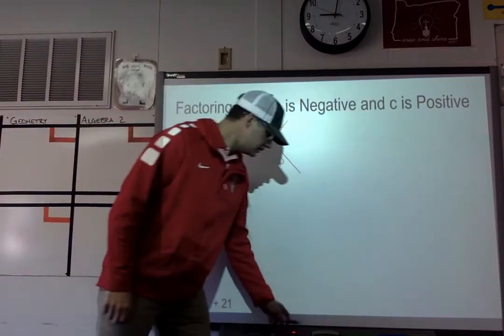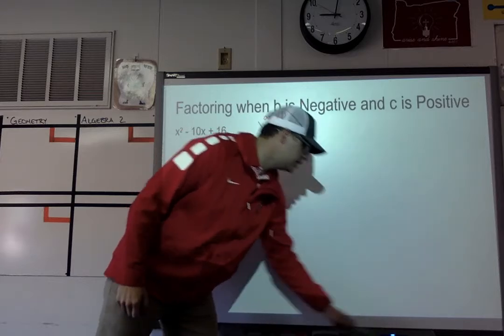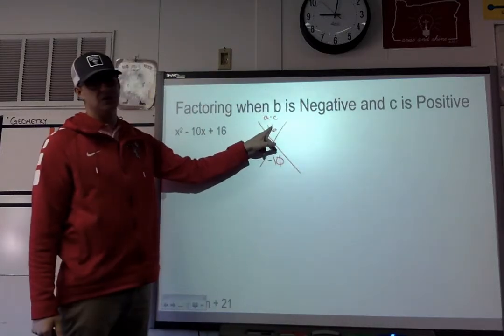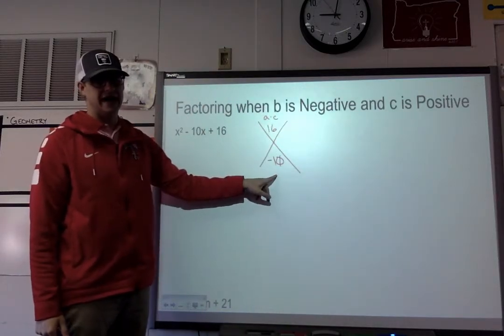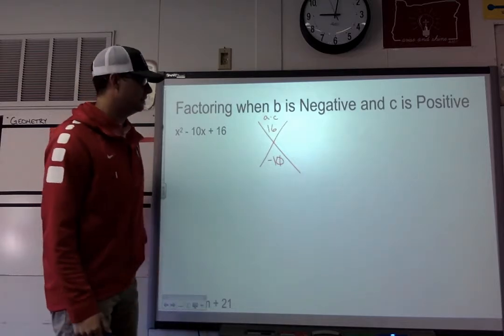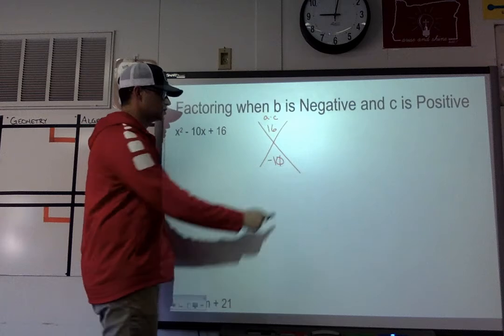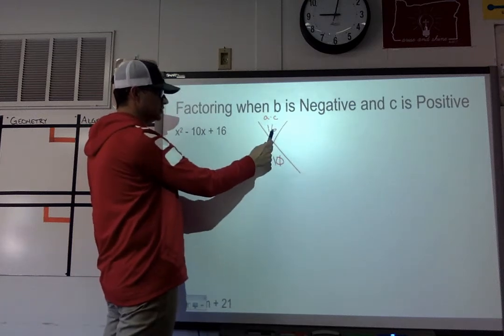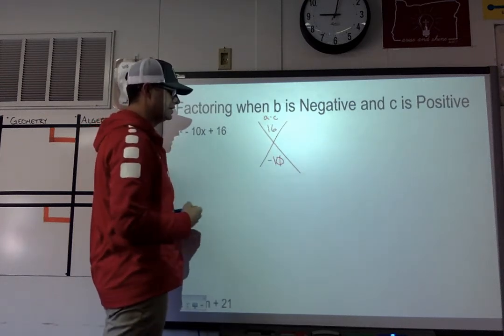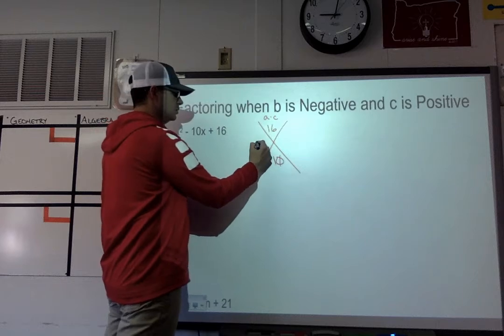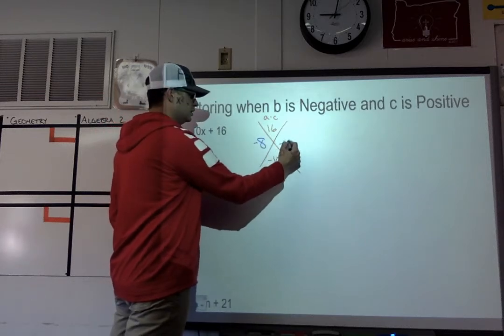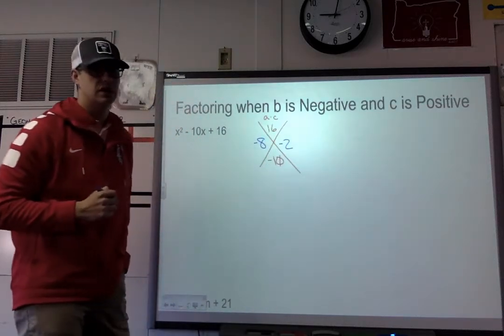Now, something to pay attention to here. Since they're going to multiply to a positive number and add to a negative number, that means both of our numbers have to be negative. So two negative numbers that multiply to 16 and add to negative 10 would be -8 and -2.